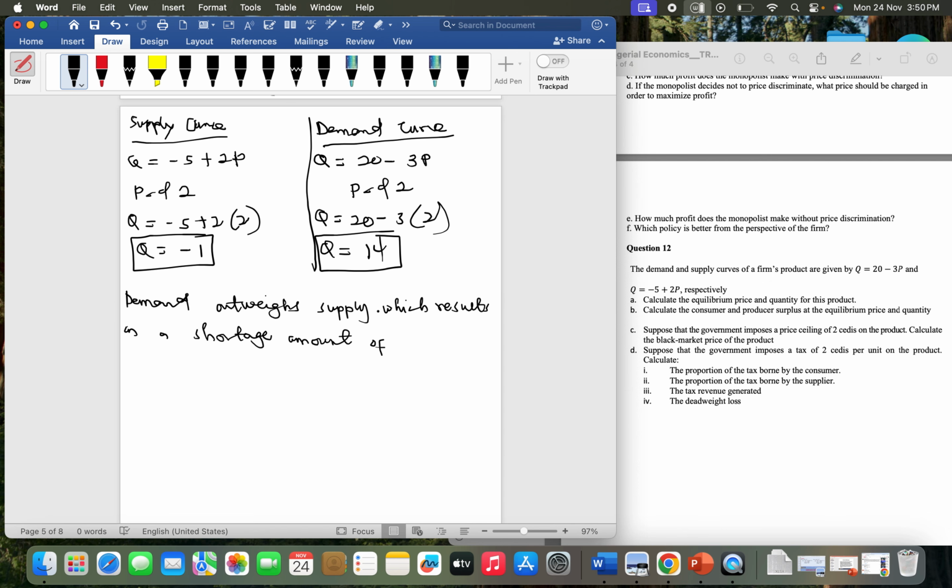So demand outweighs supply, which results in a shortage amount of 14 units.